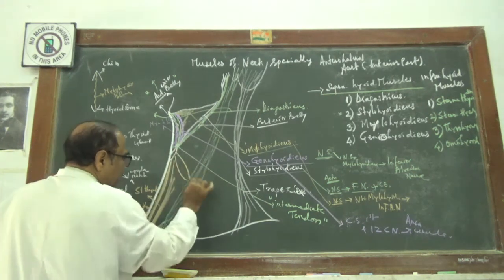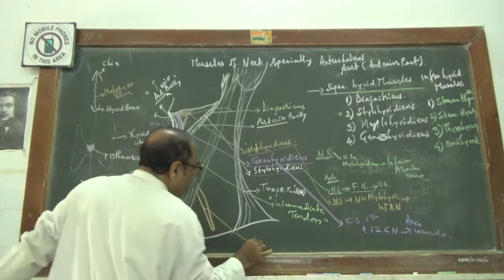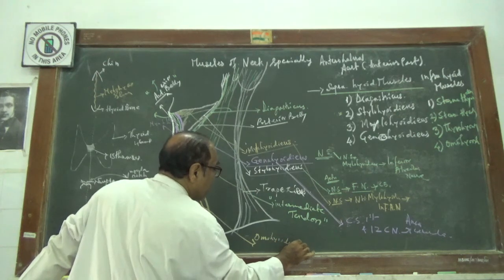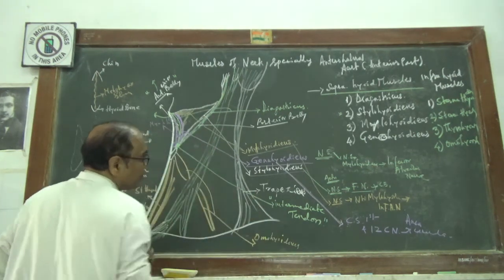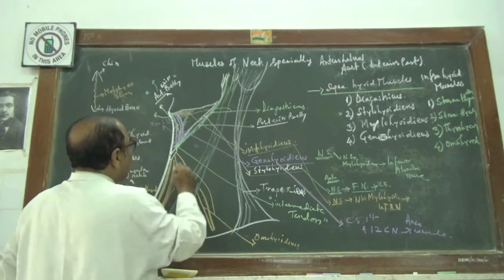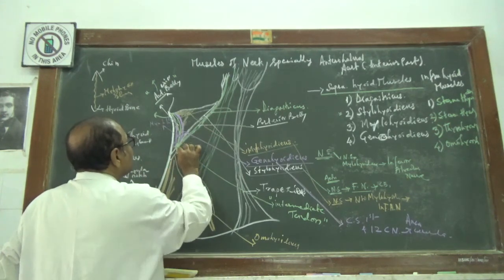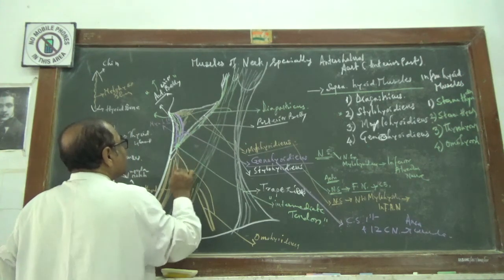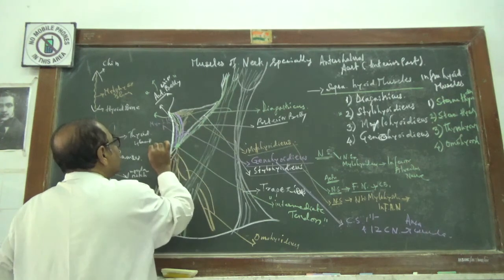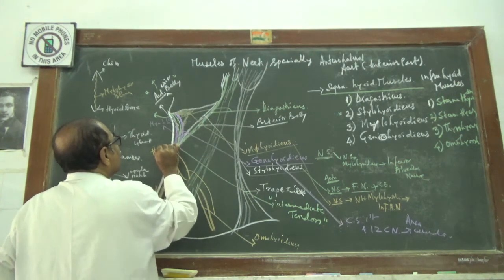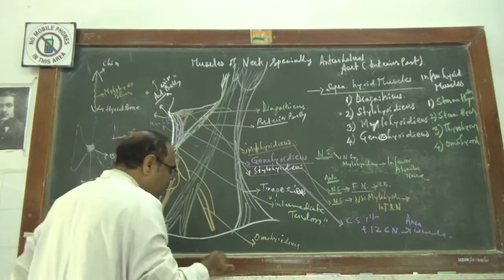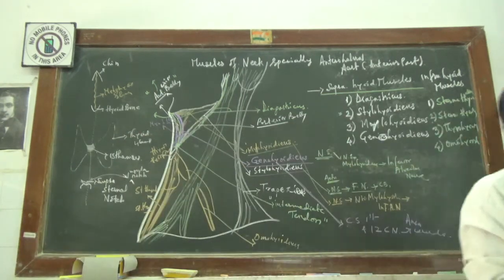Then the omohyoideus. Then comes thyrohyoideus, from the thyroid cartilage. From this to this is the thyrohyoideus. So these are the four.